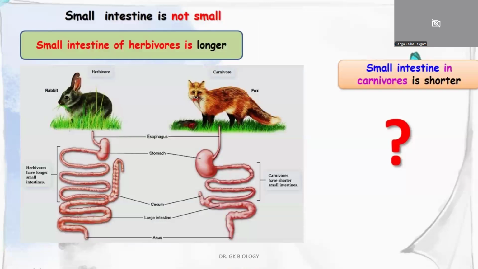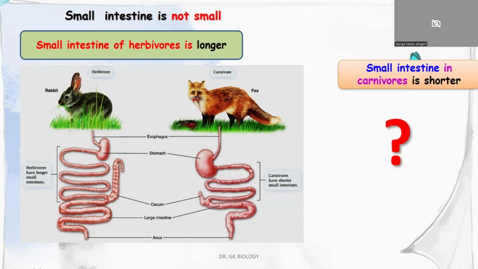And here, the small intestine of herbivores is longer. The small intestine in carnivores is shorter.